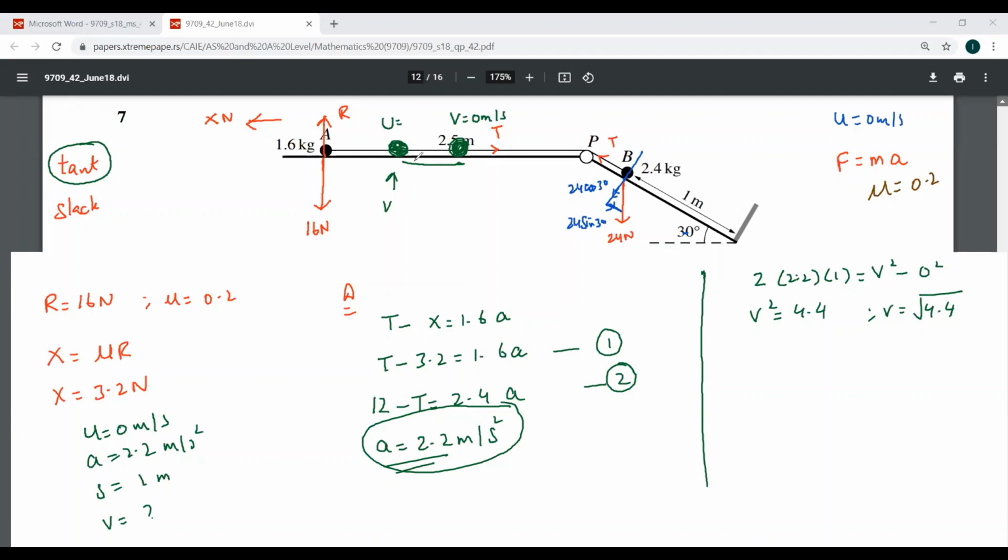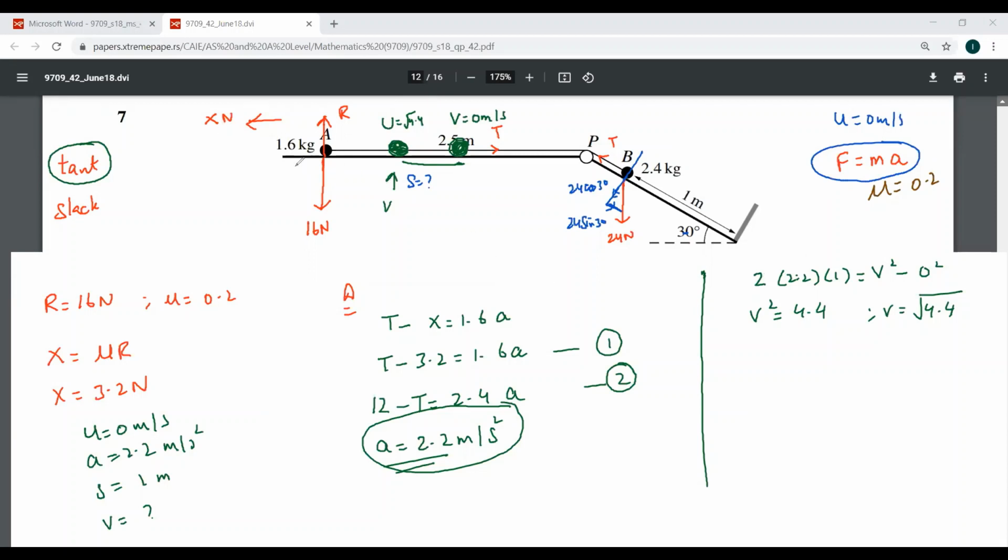Now when it is going to move with the string slack, we have this square root of 4.4 over here, and the final speed is 0. We need to calculate the distance. Using F equal to ma, we can determine its acceleration. Will this frictional force change?